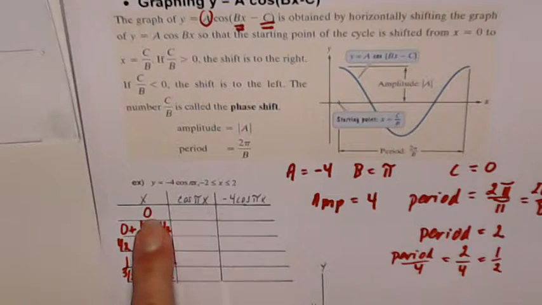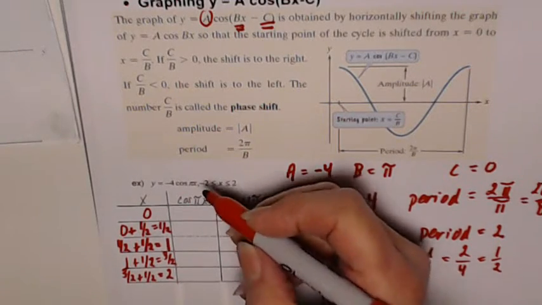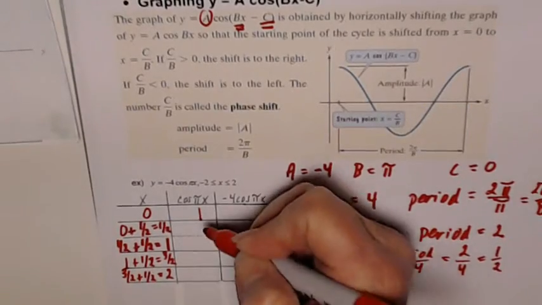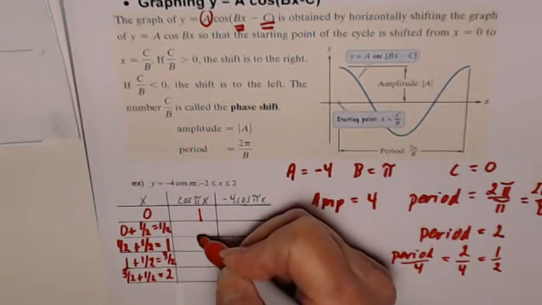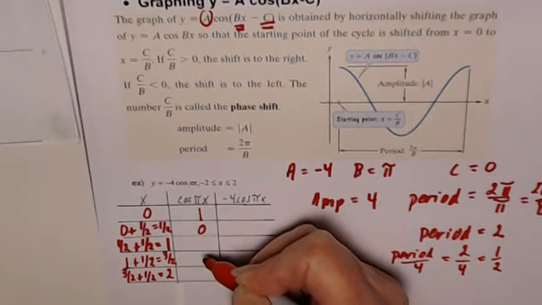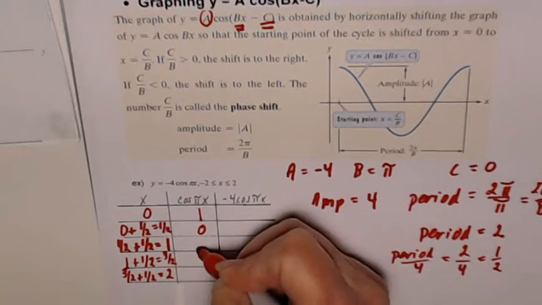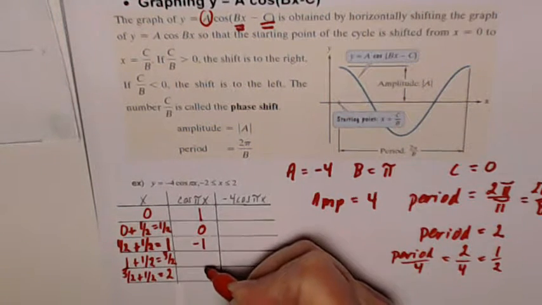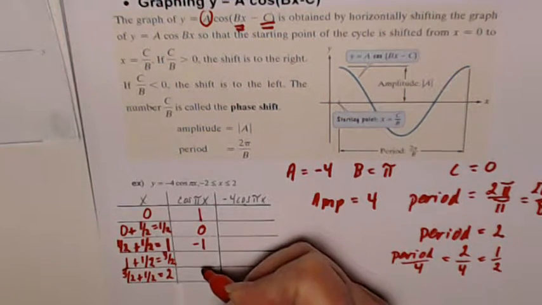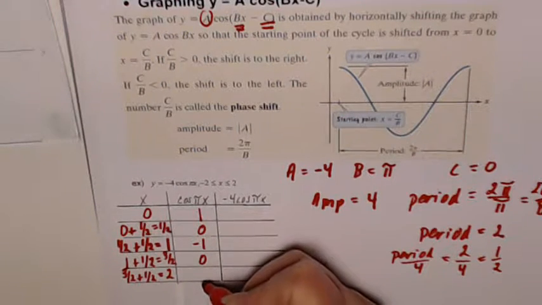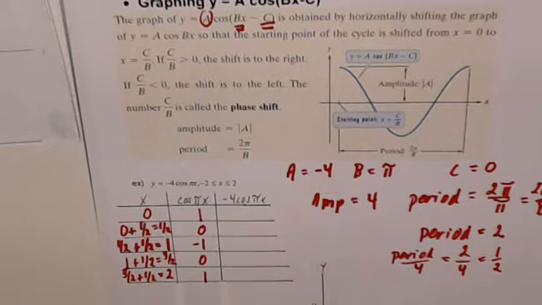Cosine of 0 is 1. Cosine of pi over 2 is 0. Cosine of pi is -1. Cosine of 3 pi over 2 is 0. And finally, cosine of 2 pi, we're back at 1.